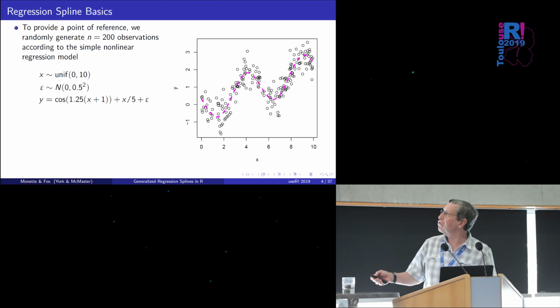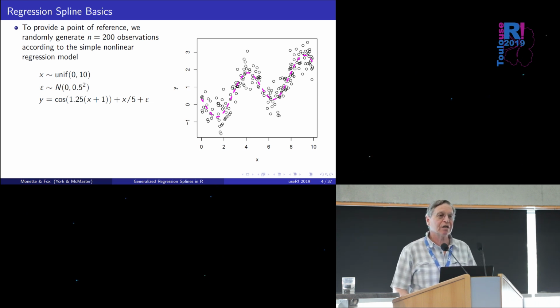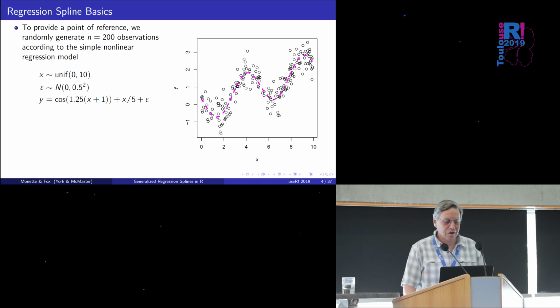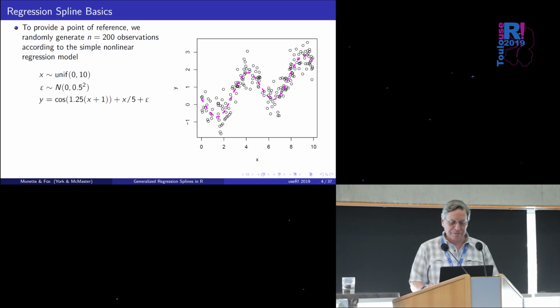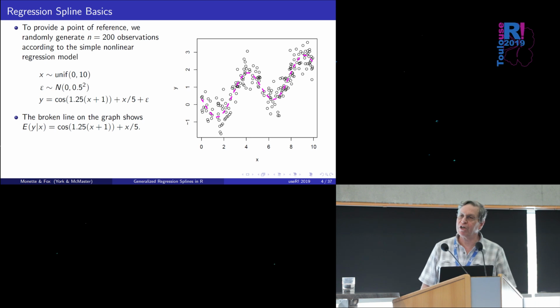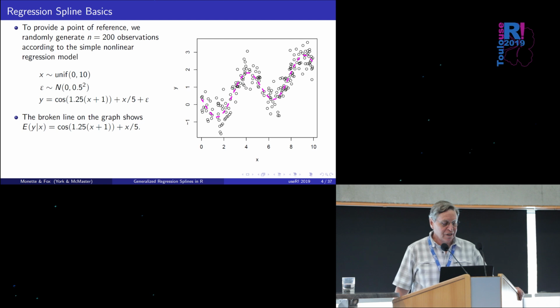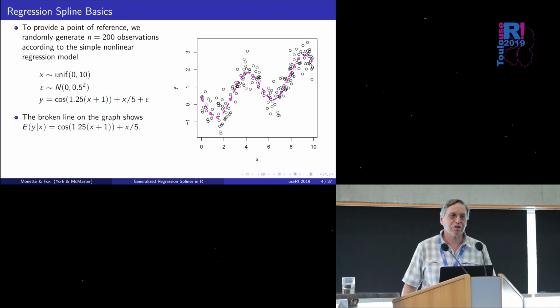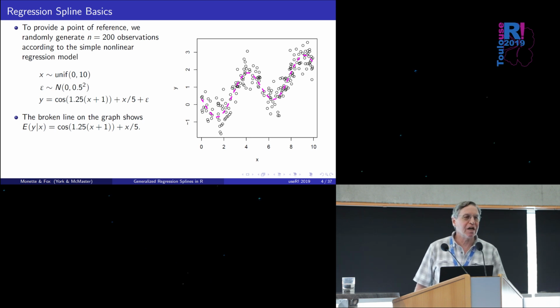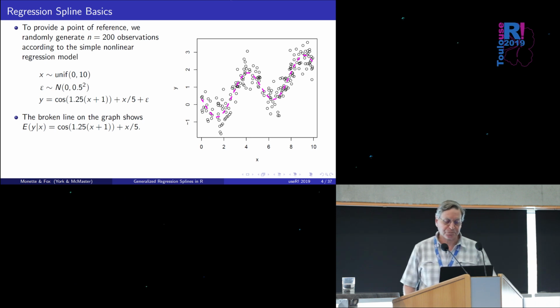And the regression function combines a trigonometric term with a linear trend, plus error. So the mean function that we would be trying to capture is a trigonometric function plus a trend. And at the right, you can see the data and the graphed true mean function.